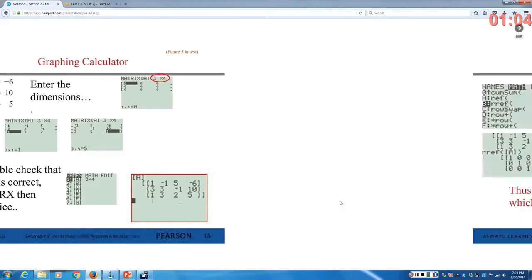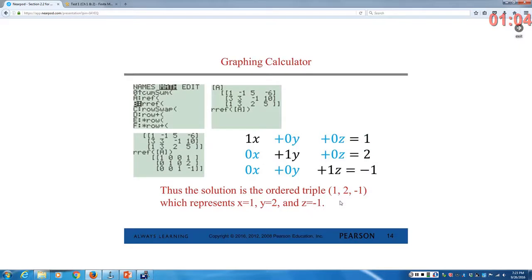Okay, next step. I want you to go to the matrix again. I want you to go to math. The matrix menu should say names, math, and edit.